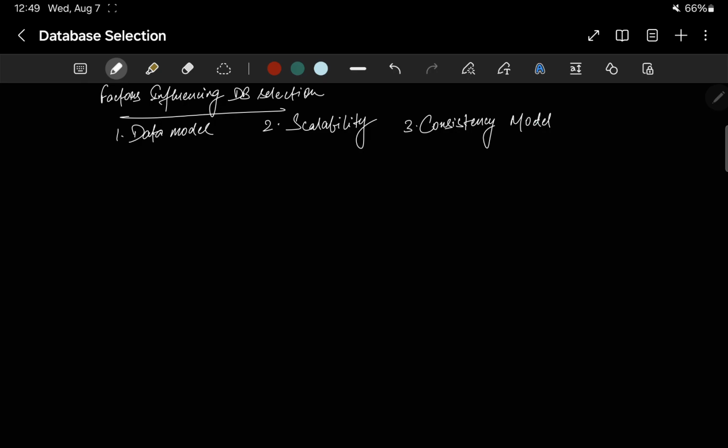Next is consistency model. The decision between ACID and BASE model depends on the application's requirements for data consistency. If you don't know what ACID and BASE is, it's not the acid and base from chemistry, it's the ACID and BASE from databases. Please go and watch that video as well. I have a video on ACID and BASE. I think it's either a separate video or it's in the same video as SQL and NoSQL, somewhere there.